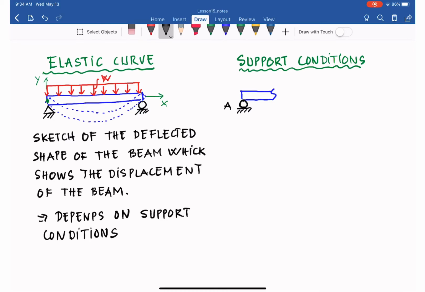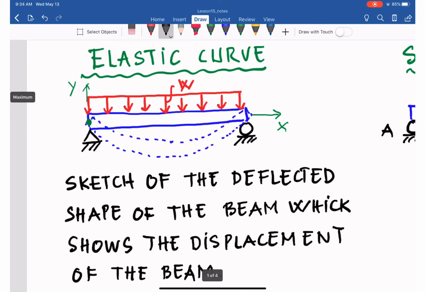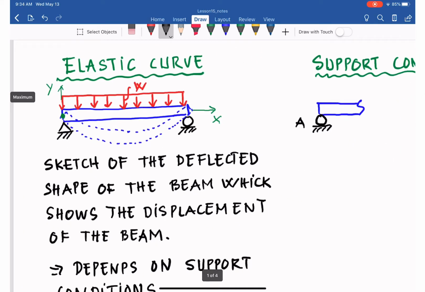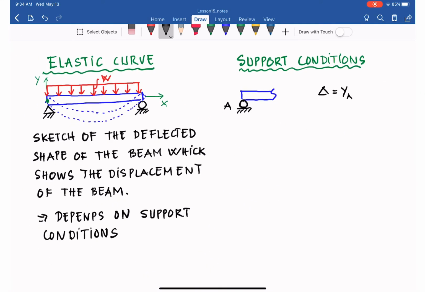then what do you have? When it is a roller, the beam will not go down at that point. So you will have delta, also equal to y, based on our definition of y as the vertical deflection here. So y at point A equals 0. But it will deflect in terms of the angle.